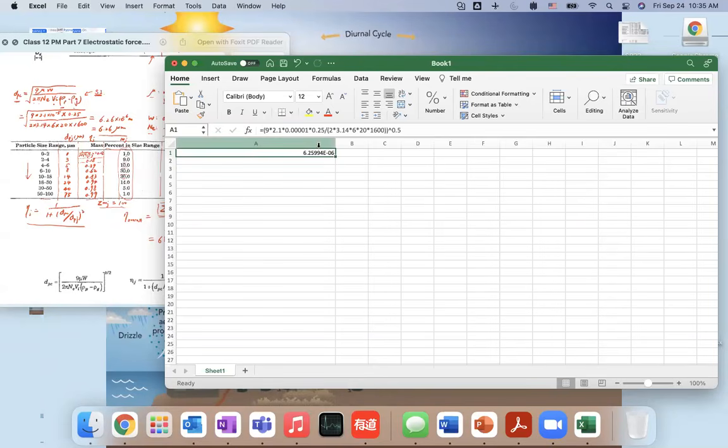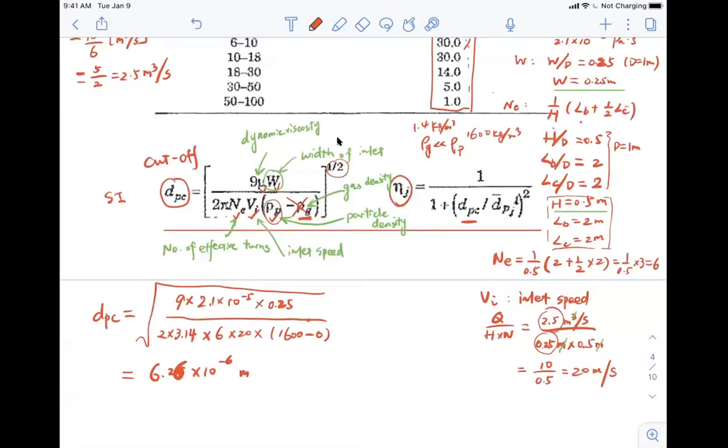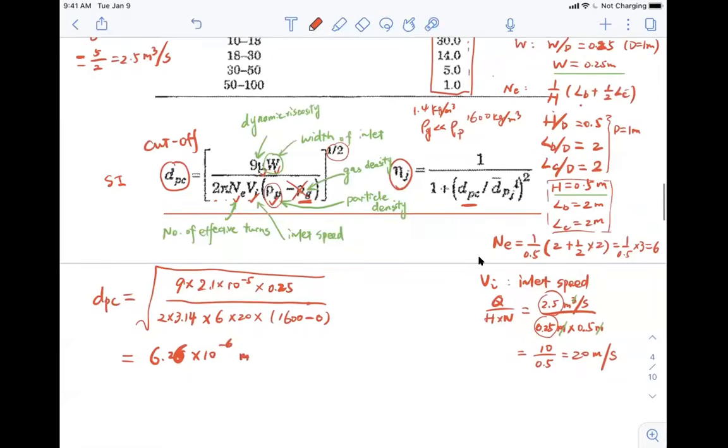And so if you want, you can also copy this number down, maybe 6.26. So now if we just go back to the equation. Okay, 6.26 multiplied by 10 to the negative 6.